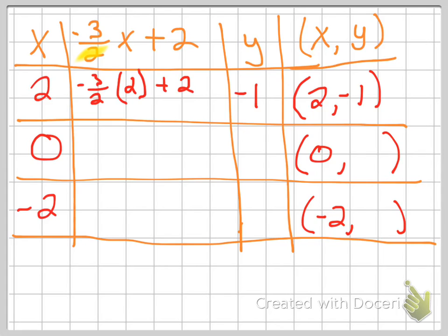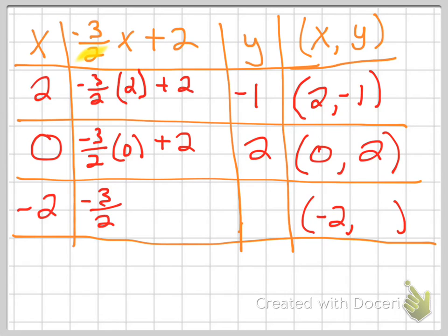Now I'm going to go through the rest of the table here. Plug that in. That will give me 2. Oh my goodness, that should look familiar right there. 0, 2. We're going to look at it here in a second. Negative 3 over 2 times negative 2 plus 2.